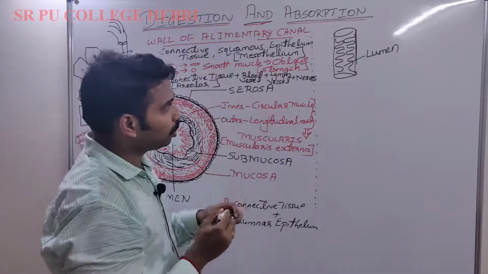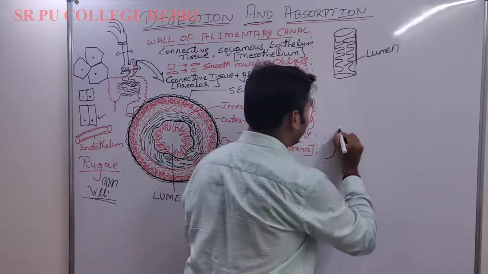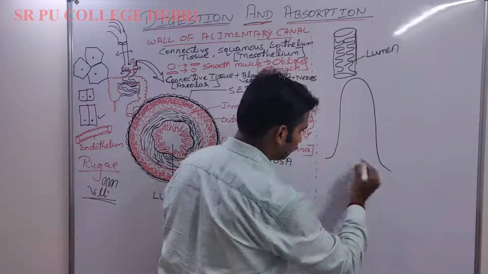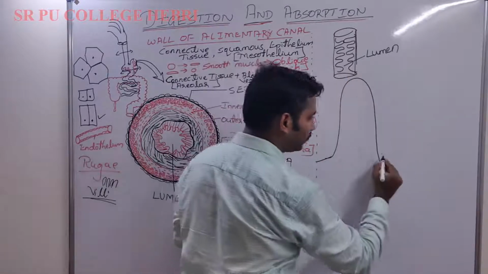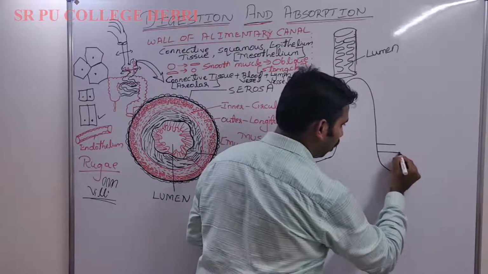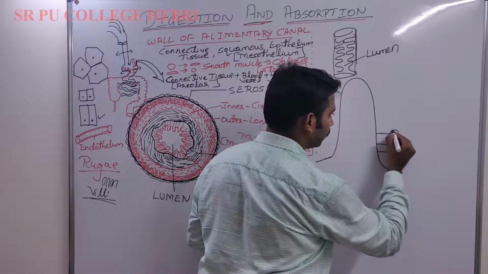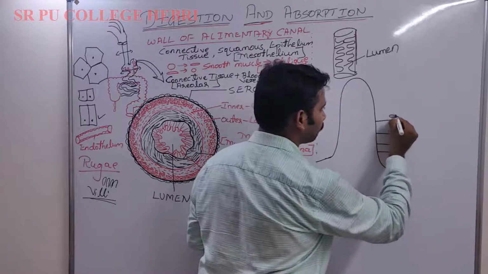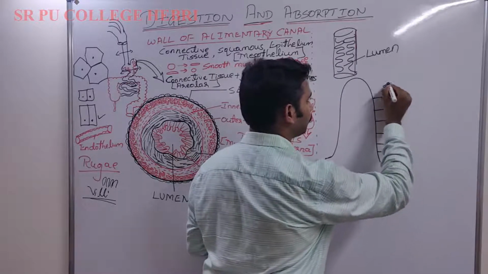Now, the structure of the villi is like this. The outermost region of the villi is made up of columnar epithelium, which I told you already. The villi is lined by which one?